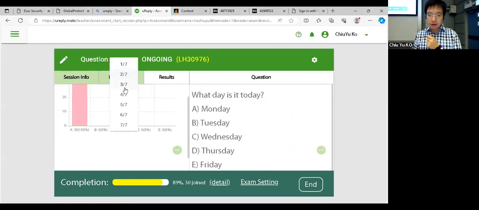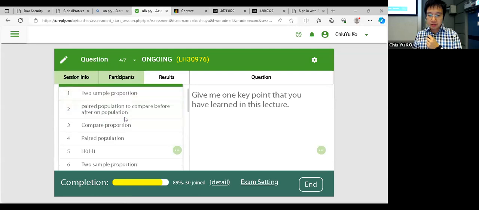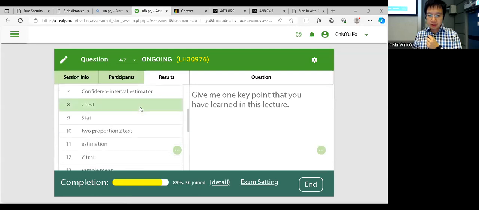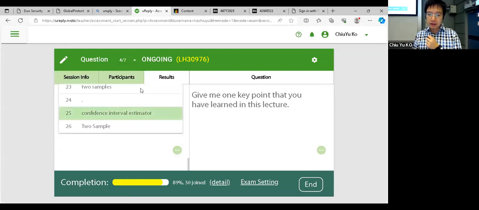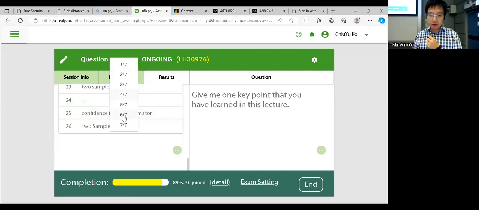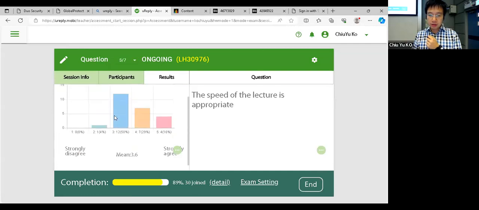Today we have something all people know, compare proportion. Everyone knows it, and that is something we learned today. The speed is okay, luckily.